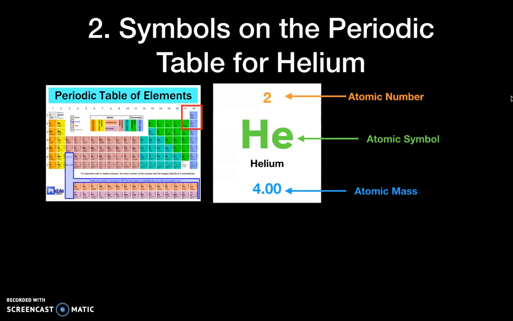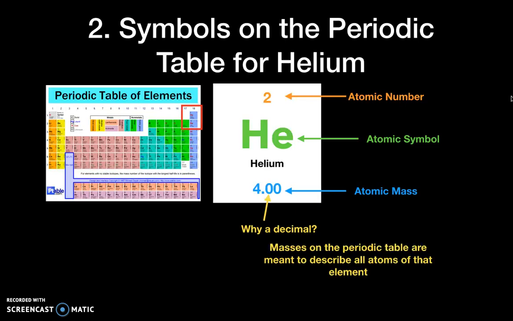So the question becomes, why are there decimals written for your atomic mass? Because we know that we can't have like a decimal number of protons, a decimal number of neutrons. So where does that decimal come from? So when we're talking about the masses on the periodic table, we're describing all the atoms of that particular element. So we talked about isotopes in a previous video.